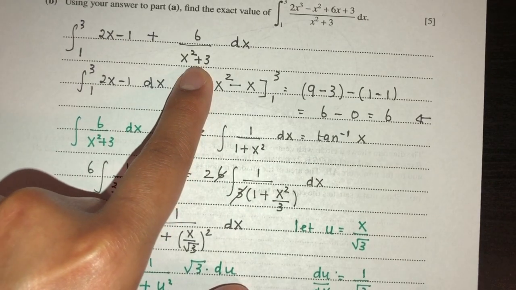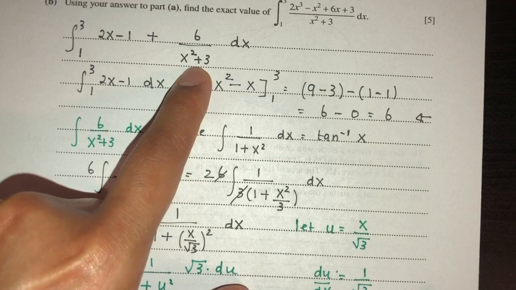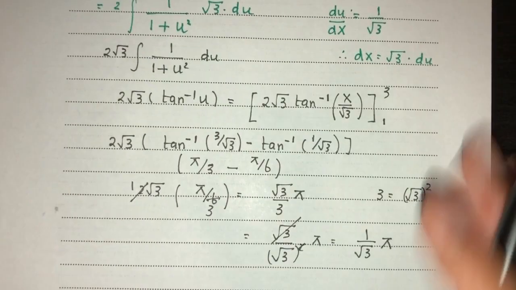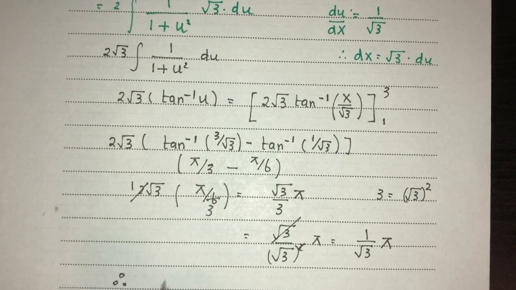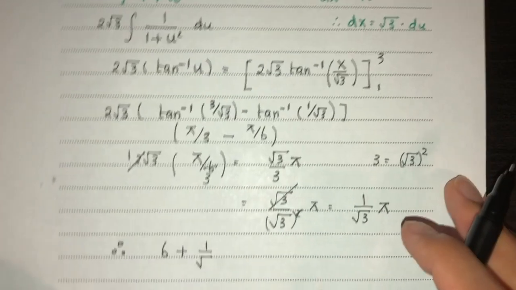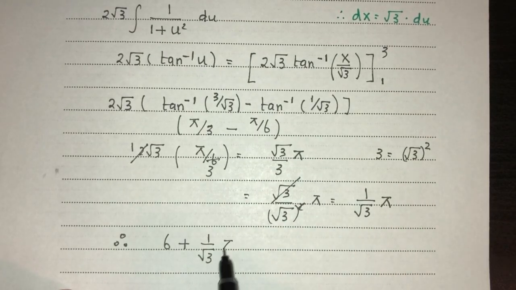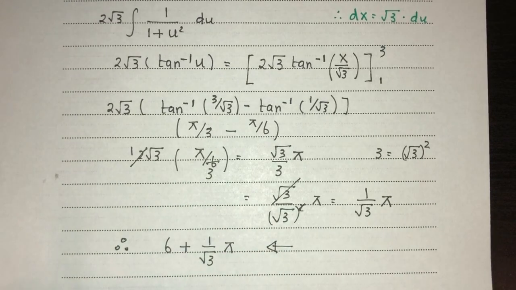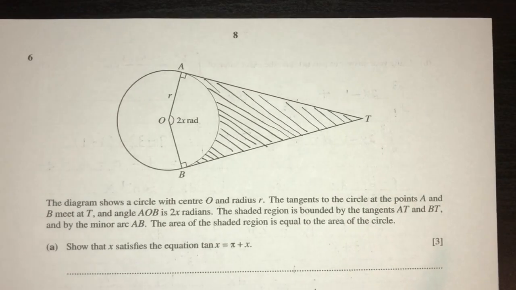Basically this part becomes 1 over root 3 pi, and this one is 6. So your answer finally will become 6 plus 1 over root 3 pi. That should be your answer for this question number 5. Okay. Now let's move on to question number 6.